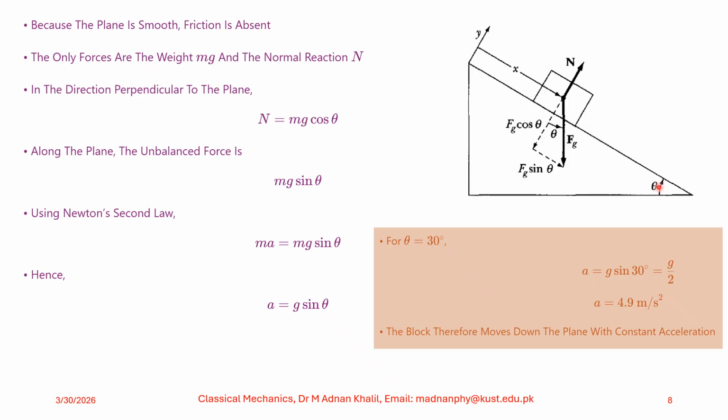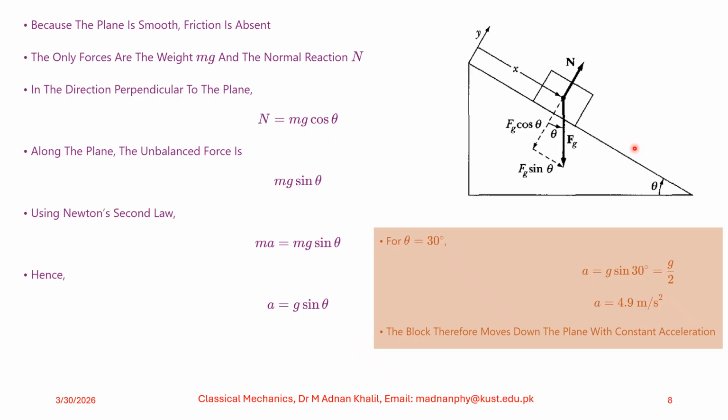If we make this angle equal to 0, that is just a normal surface, so there is no acceleration, since sin 0 is 0. And if we make this angle 90 degrees, that is almost a vertical surface, so the block slides down with acceleration equal to g, about 9.8.